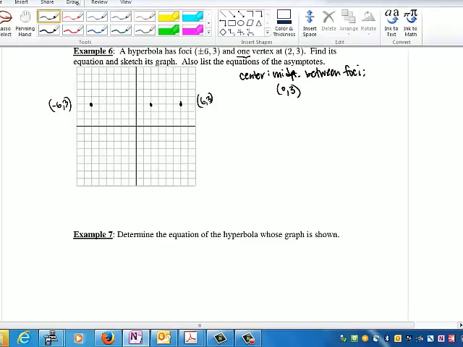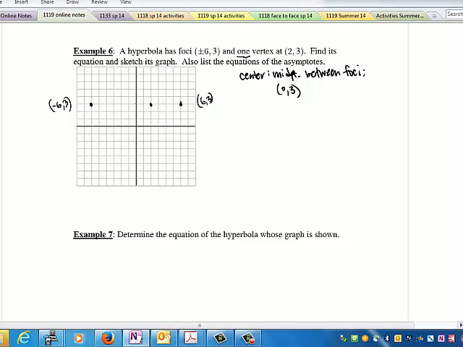So the center of this thing is 0, 3. And once we know where the center is, we can determine quite a few of the values. At least we can tell, because the foci are along the same horizontal line, that this hyperbola will open left and right.